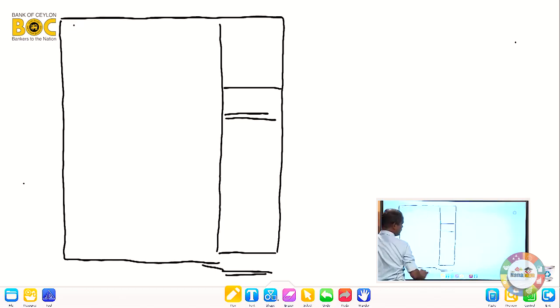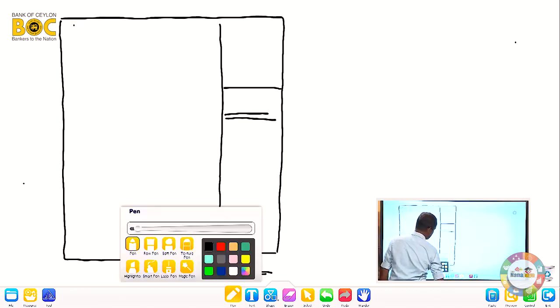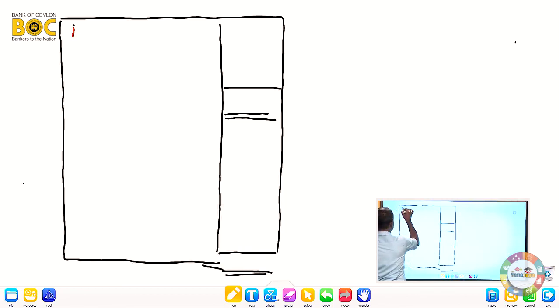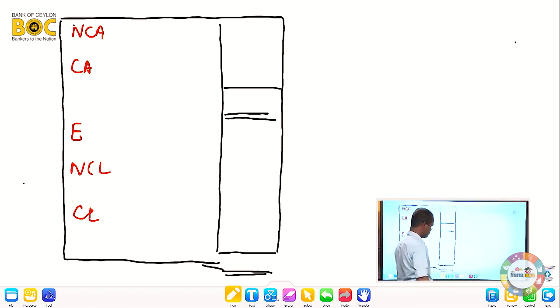What are the main items? You have non-current assets, current assets, equity, non-current liabilities and current liabilities.